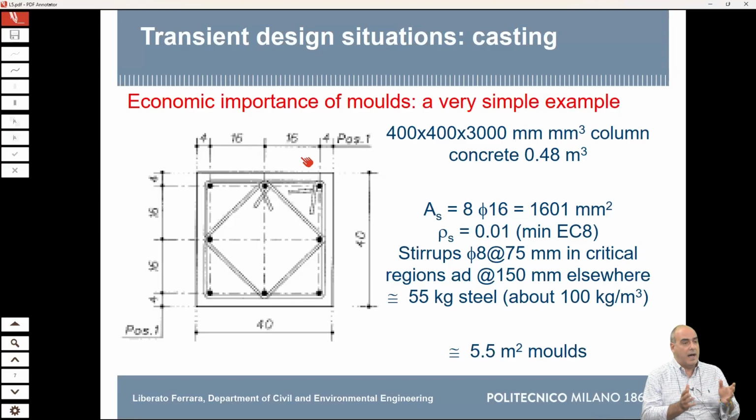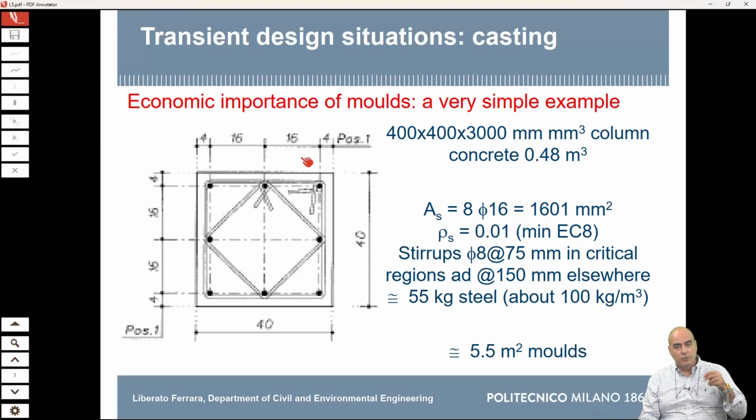So if you work out the quantity of steel that you need in this column, it's about 55 kg. And just to have an idea, it's 55 kg over about half a cubic meter of concrete. So it means that you have more or less 100 kilos of steel per cubic meter.